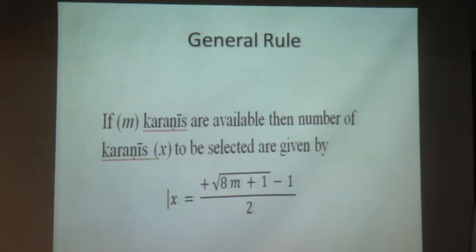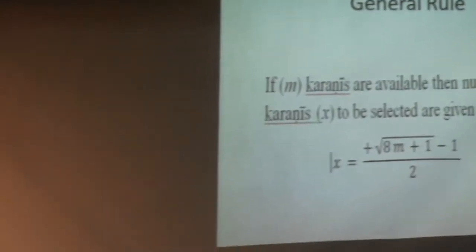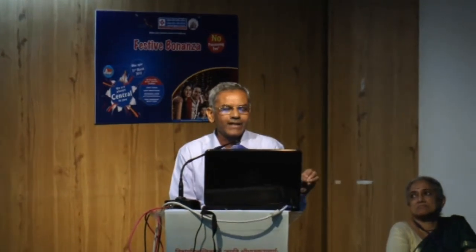That general rule is that under root of 8m plus 1, minus 1, upon 2 terms are to be selected out of the given m Karanis for further operations. And again, if root 8m plus 1 is not a perfect square, say for example m equal to 2 Karanis as we have said, I will get root 17 and I will declare that the square root does not exist.